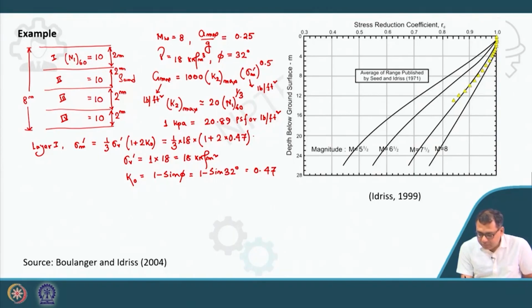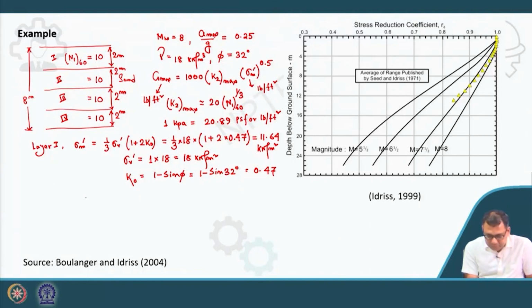So it is coming out to be 11.64 kilonewton per meter square. So for layer 1, sigma m dash is 11.64 kilonewton per meter square.